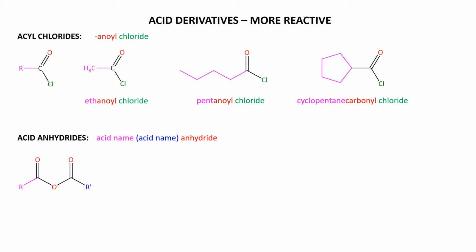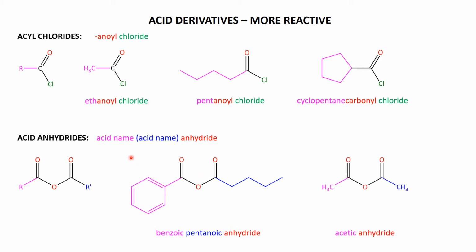The way you name them is just think about the 2 acids that you originally combined, use the names of those 2 acids and follow it up with anhydride. Thus, for example, this one here, this acid here was benzoic acid. This acid here was 1, 2, 3, 4, 5, so pentanoic acid. So benzoic pentanoic anhydride.